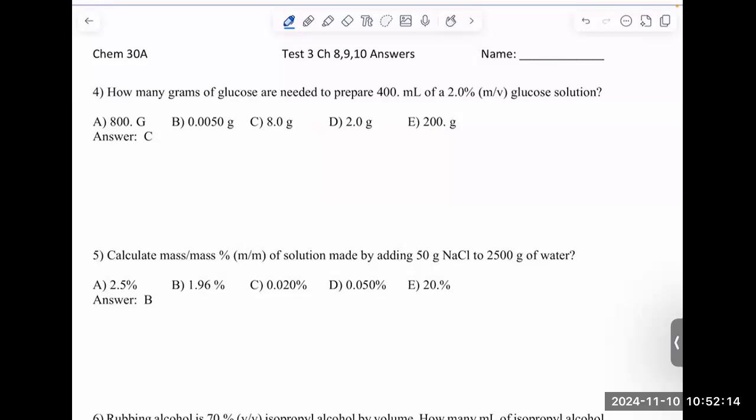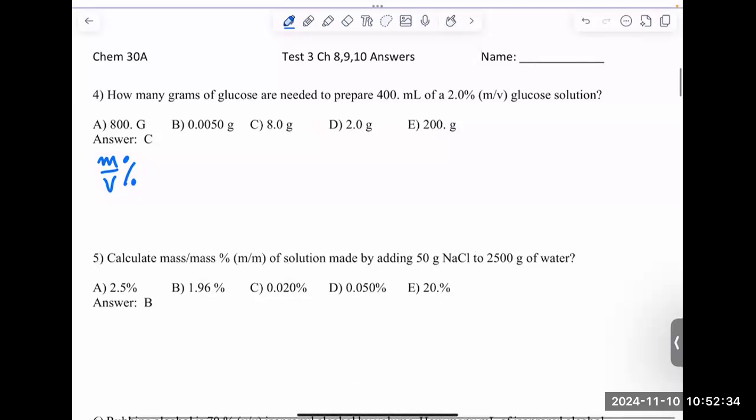Next, how many grams of glucose is needed to prepare 400 milliliters of 2% mass by volume solution? Here we are given mass by volume. We need to find how many grams of glucose are needed. The concentration is already given.